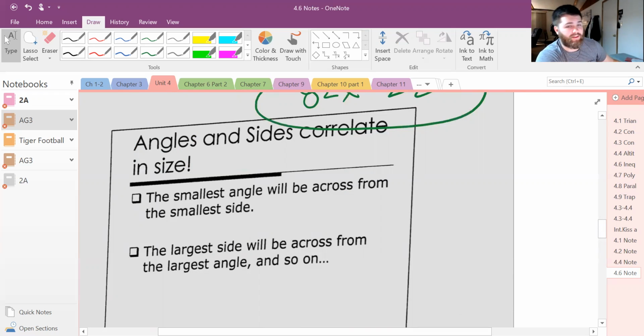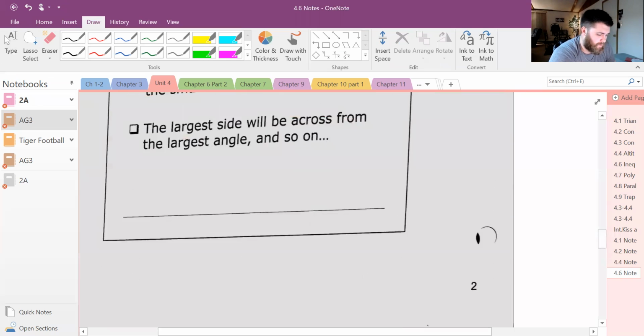So your largest side in your triangle should always be across from your largest angle. If it's not, something's wrong. Think about right triangles. Your hypotenuse is always across from your right angle, and it's always the longest. A squared plus b squared equals c squared. That c squared is always the longest.